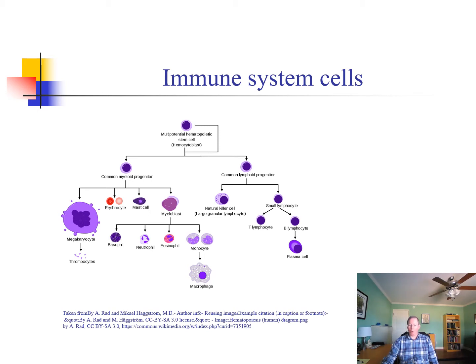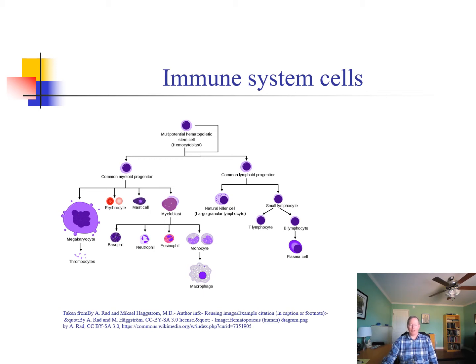The myeloid cells that generate from that are part of that innate immune response, but the lymphoid are those that are going to be part of that adaptive immune response. They're going to give rise to natural killer T cells and B cells, whereas the myeloids are going to give rise to a whole host of cells.